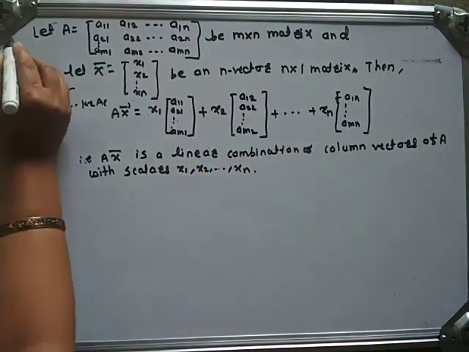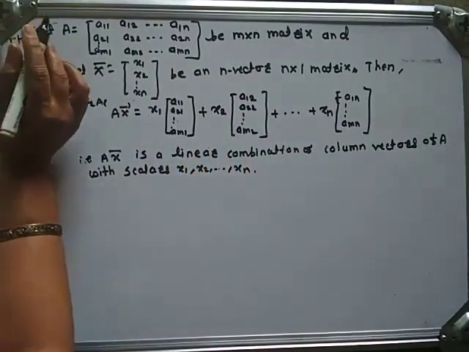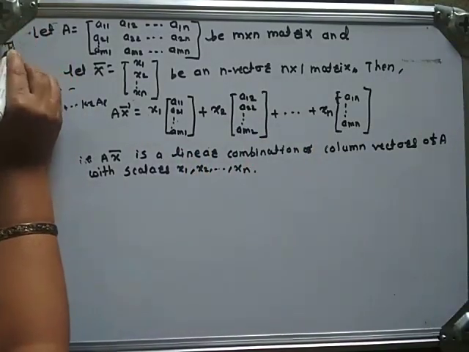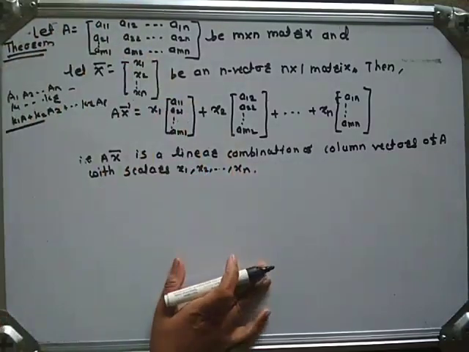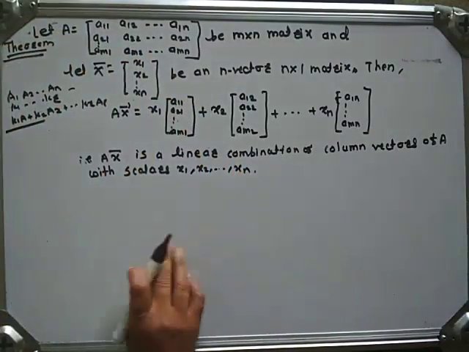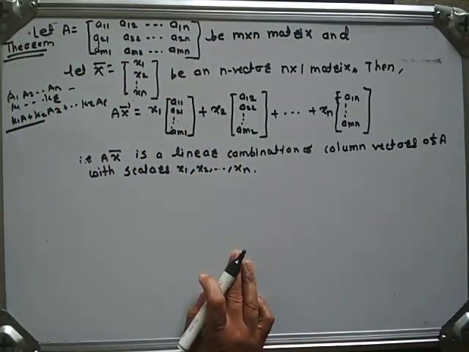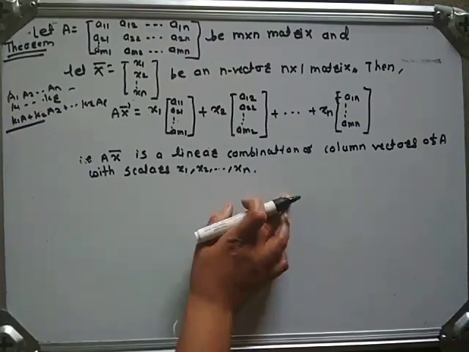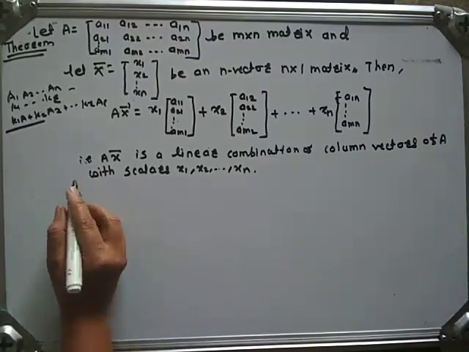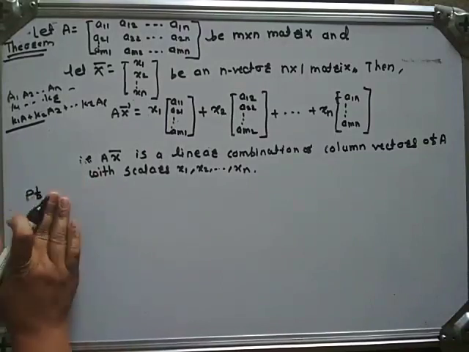See, this is a theorem. Now we have to prove this theorem. That is, we have to prove A x bar is a linear combination of column vectors of A with scalars x1, x2 and so on up to xn. Proof.